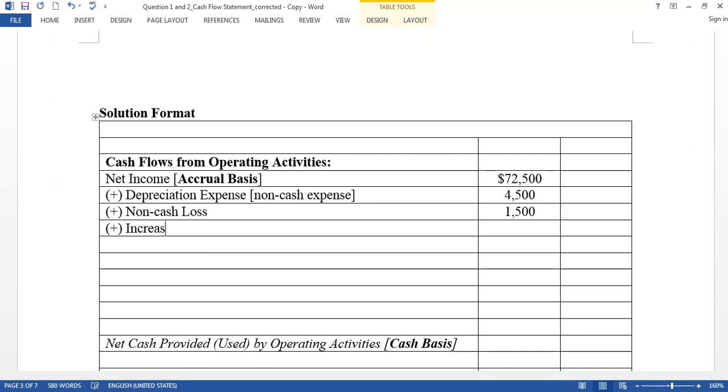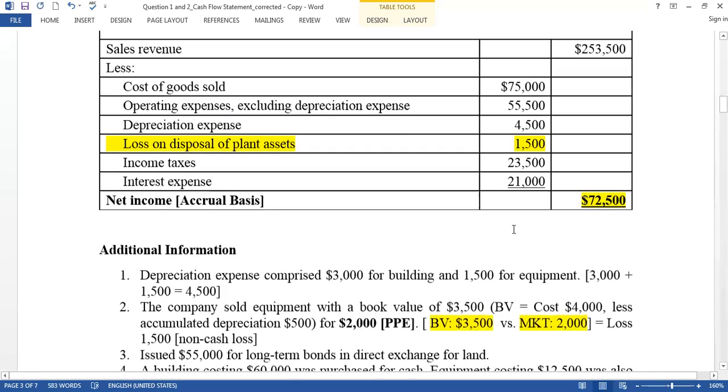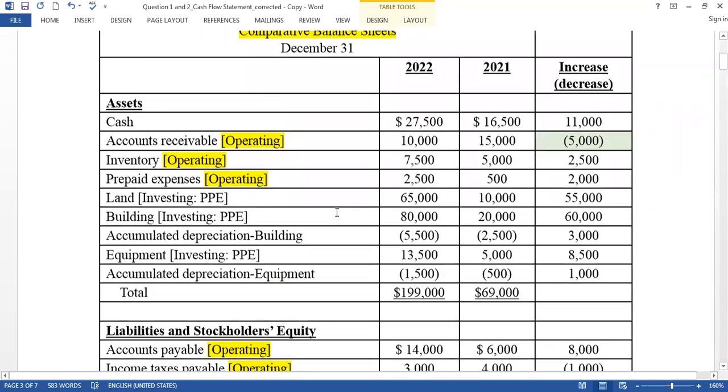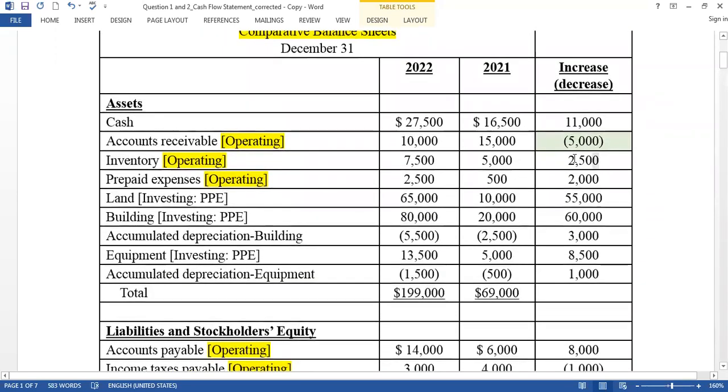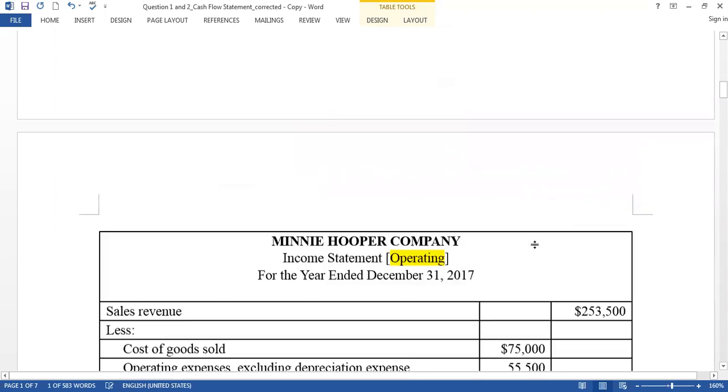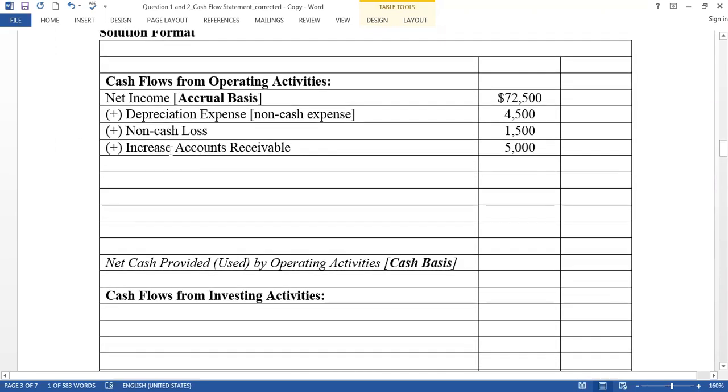Decrease accounts receivable $5,000, plus. So we are done with accounts receivable.